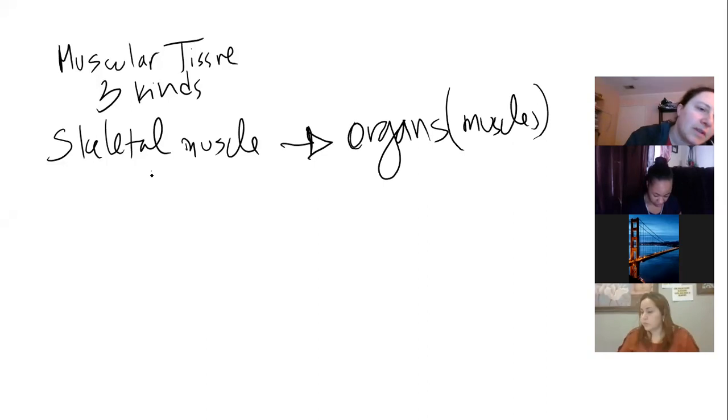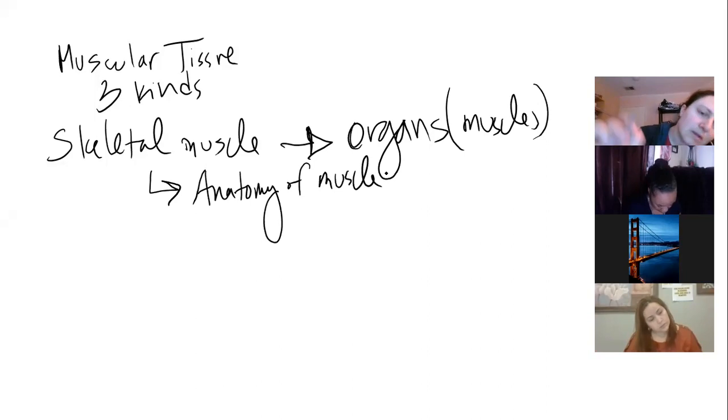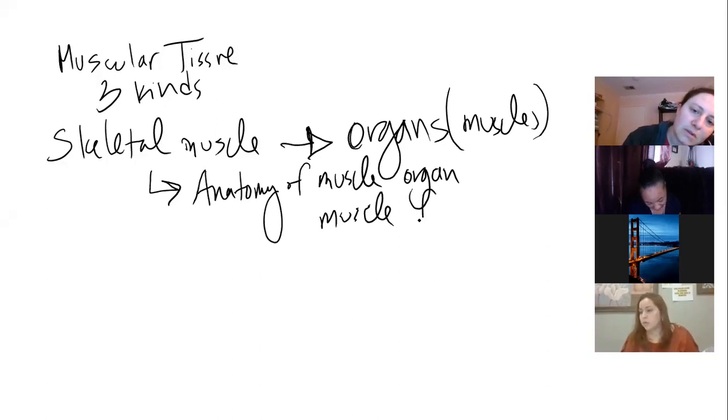So we know that they have a unique anatomy. So there's the anatomy of the muscle organs. There's the anatomy of the muscle cells, right? So muscle fibers. And that includes all the contractile proteins.